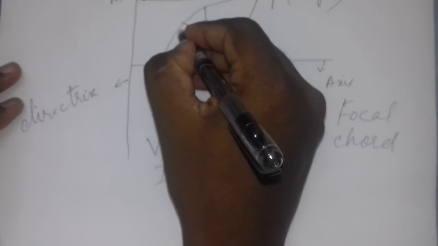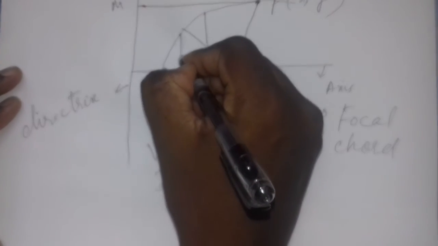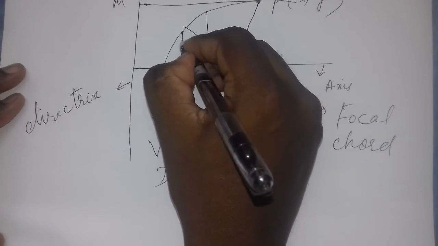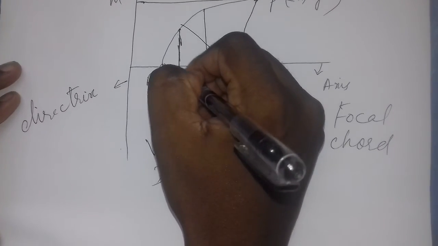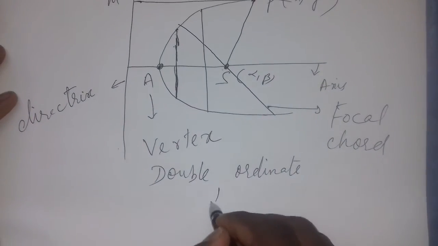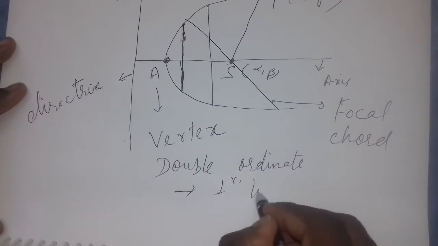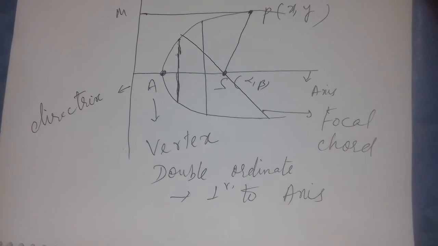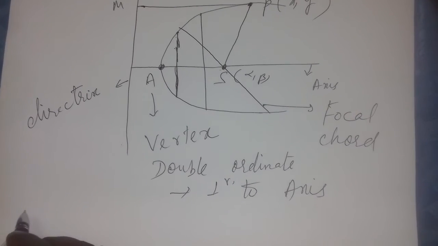So for example, let me take something like this, completely straight, right? So this would be your double ordinate. It is perpendicular to the axis.